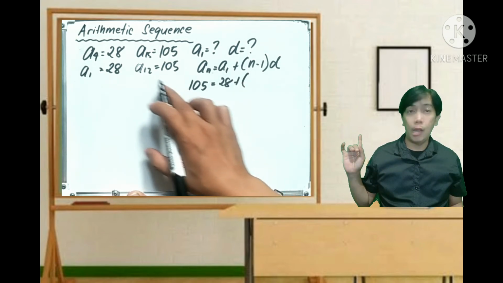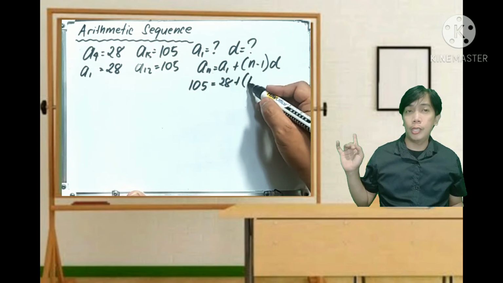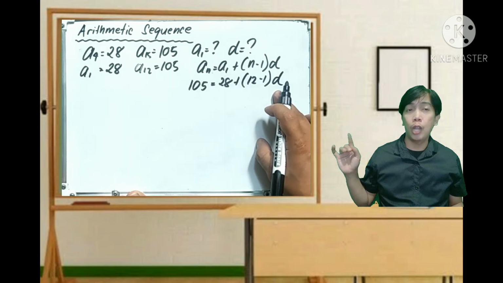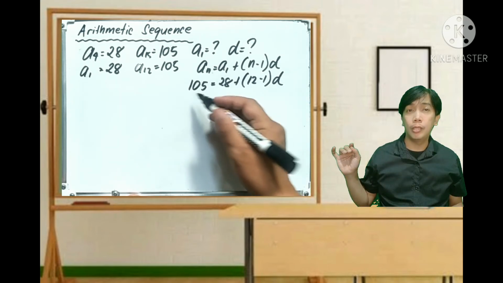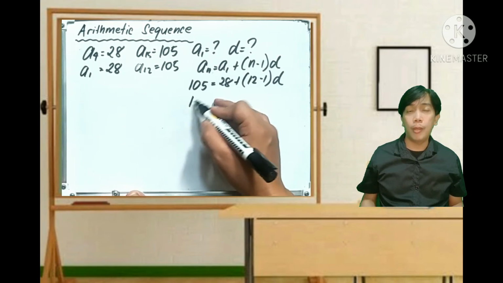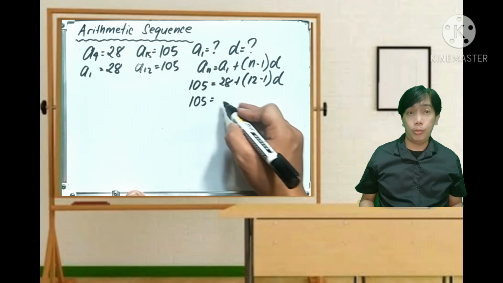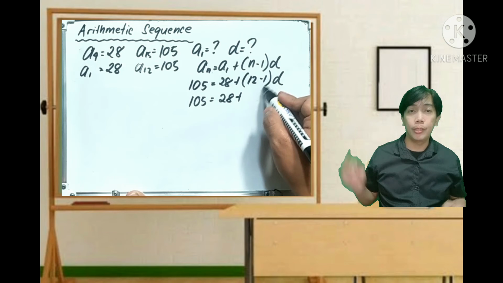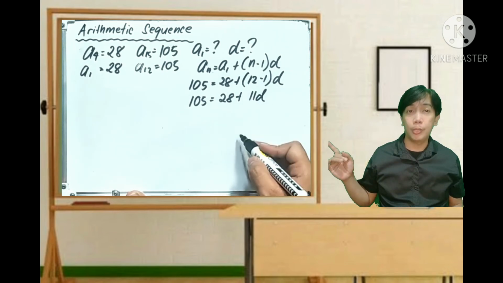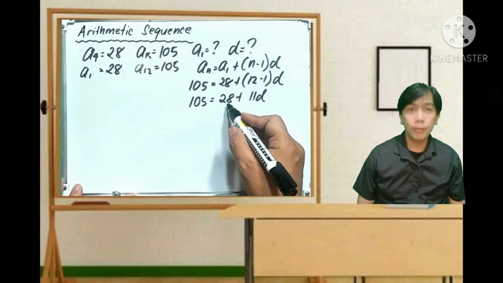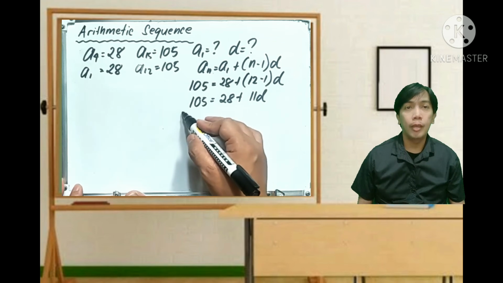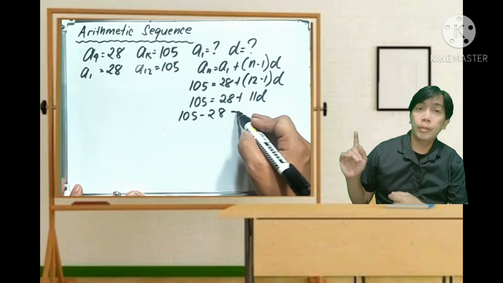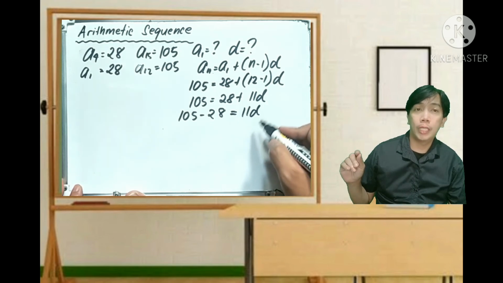Since 105 is our 12th term, we will denote 12 here minus 1 times the d, the common difference, which is unknown. Solving this now, we have 105 is equal to 28 plus 12 minus 1, that is 11d. Transposing 28 to the left side, we have 105 minus 28 is equal to 11d.